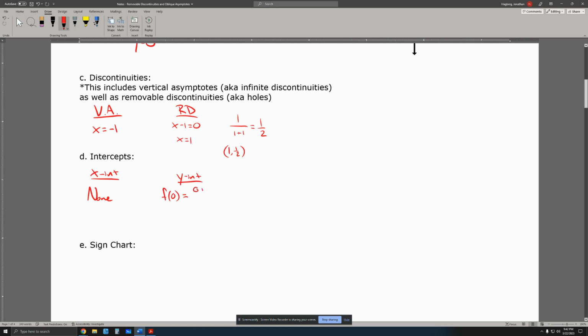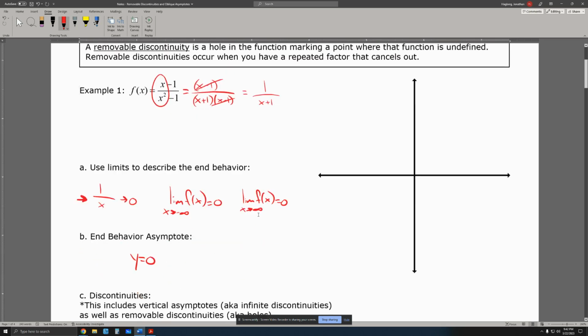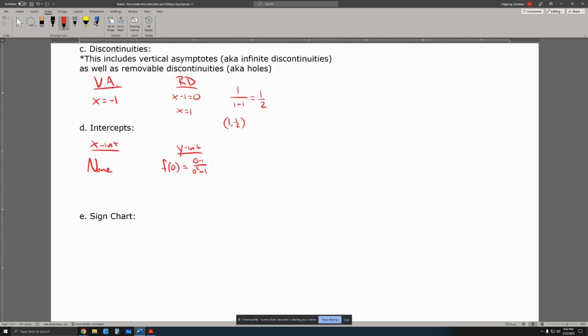So we have 0 minus 1 all over 0 squared minus 1. When we evaluate, the numerator is negative 1 and the denominator is negative 1, so we get negative 1 over negative 1, which is 1. So we have the y-intercept of (0, 1).